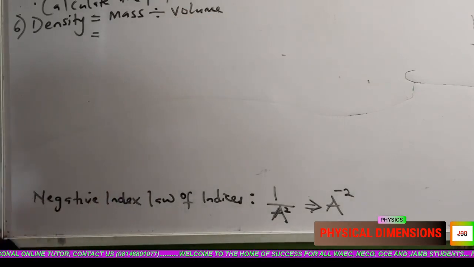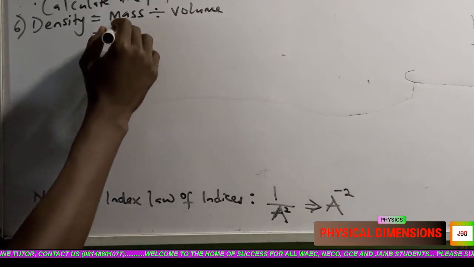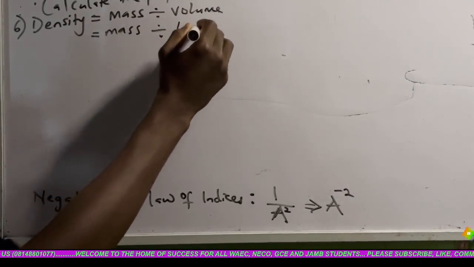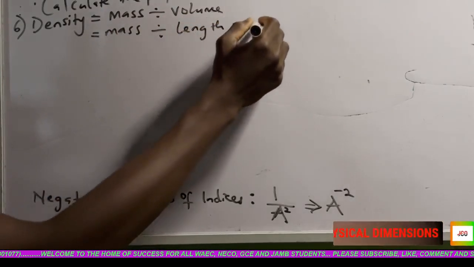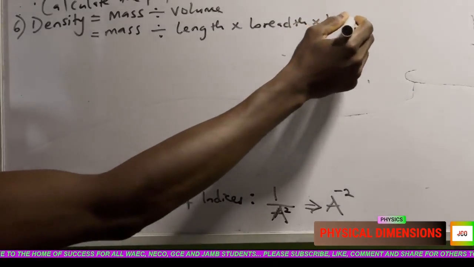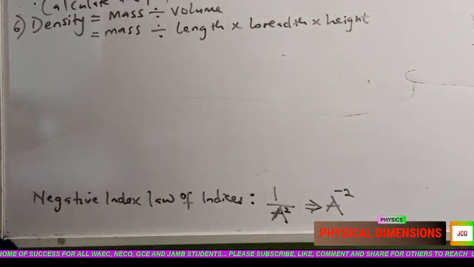I'm going to bring out the formula for volume. So mass written here divided by my volume, which is length times breadth times height.